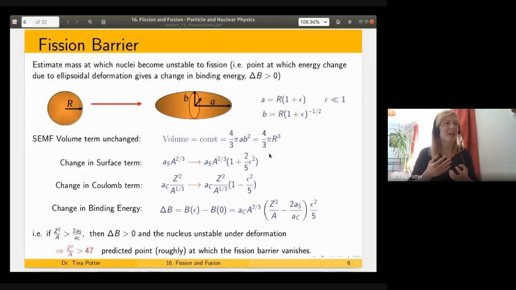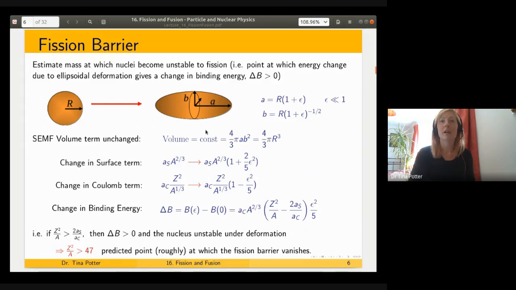Now let's have a look at this fission barrier in detail. What's happening? We're basically deforming our nucleus before it undergoes scission, the scission point, and actually separates. So we're going to take our typical sphere and we're going to deform it into an ellipsoid. And this will give us a changing binding energy because of the surface term, and also in part because of the Coulomb term, because it will be different across your nucleus.